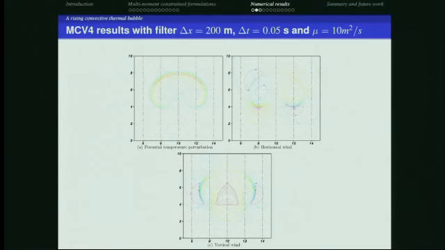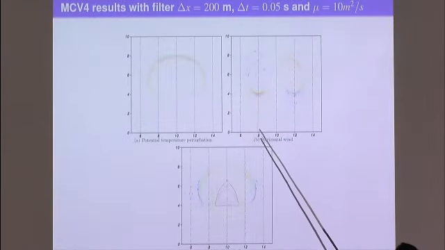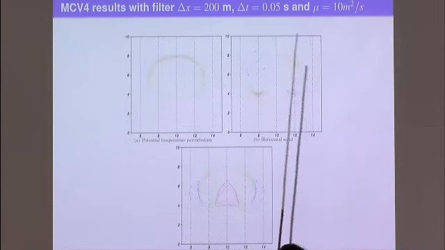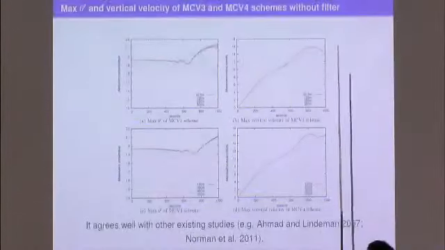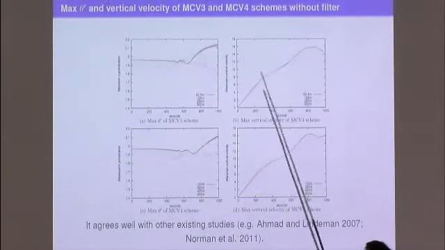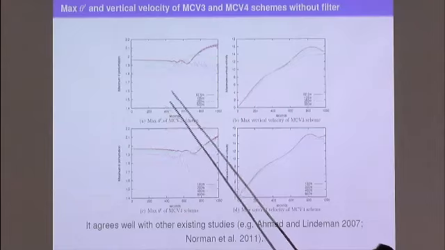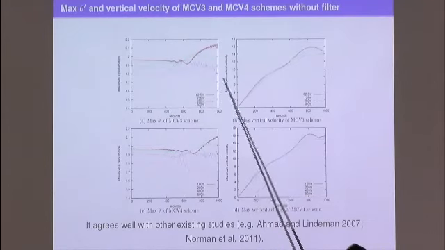So this is the fourth-order scheme simulation result. We get the same result, and we perfectly reproduce the thermal structures. Here we show our scheme at different resolutions, maximum potential temperature and vertical velocity.